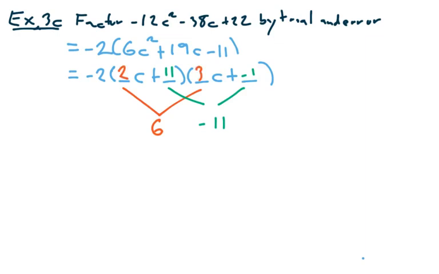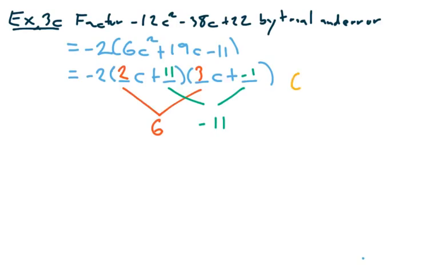And then I'm going to check the OI to see if I get the proper middle term. Outer product, negative 2c. Inner product, 33c, gives me 31c. And I was hoping for 19c. So that's not what I wanted.